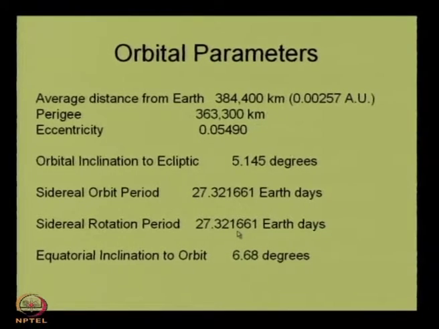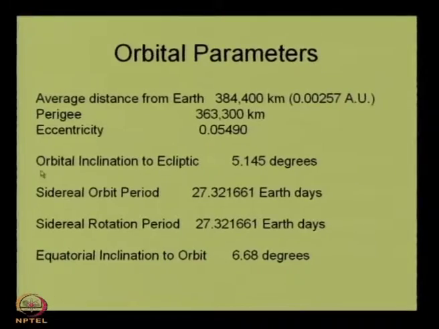And the rotation and the revolution of the orbital motion of the moon are in the same direction. So we always see the same face of the moon. The rotation direction and the orbital motion of the moon around the earth are aligned, and so we always see the same face of the moon.